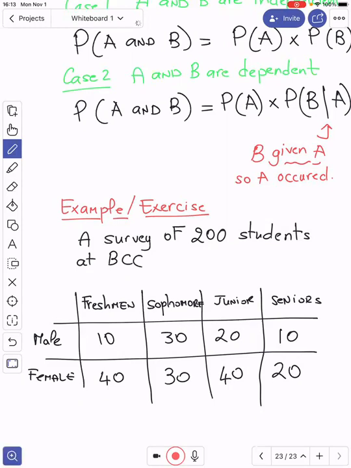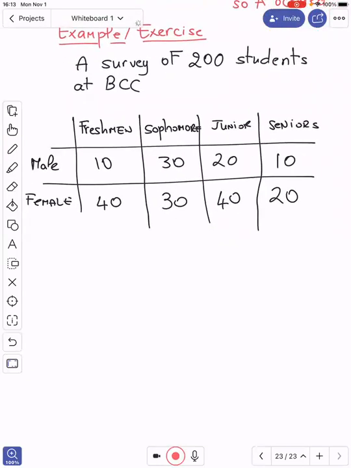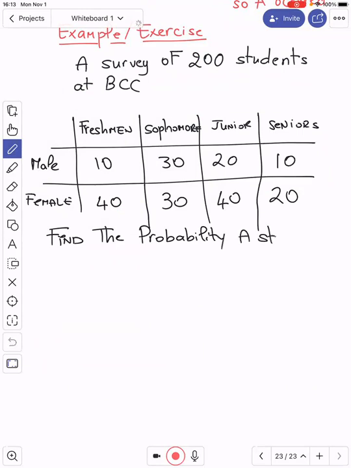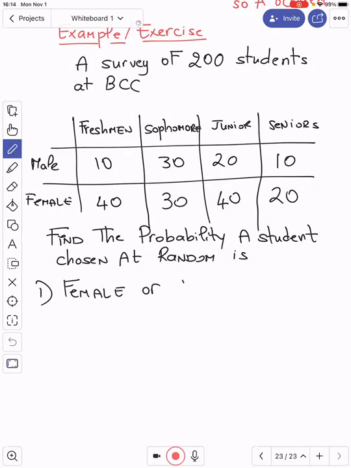So using this survey, we're going to try to find the probability that a student, of course selected at random, is: one, female or junior.